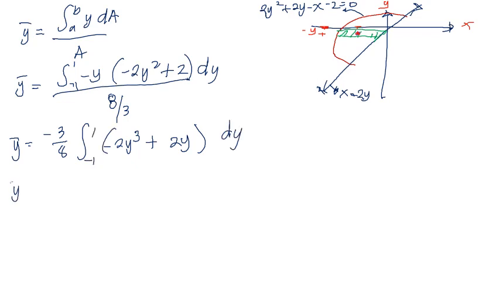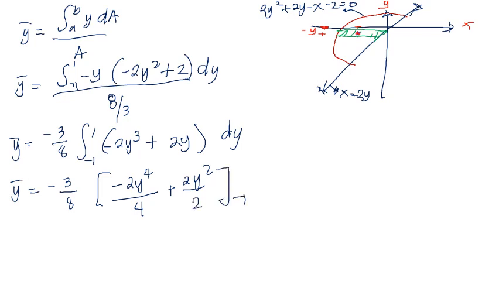So we have y bar is equal to negative 3 all over 8 times negative 2y to the fourth all over 4 plus 2y squared all over 2 from negative 1 to 1. So cancel out 2. Also here, instead of 4, it will become 2. So we have y bar is equal to negative 3 all over 8. Substitute the upper limit.